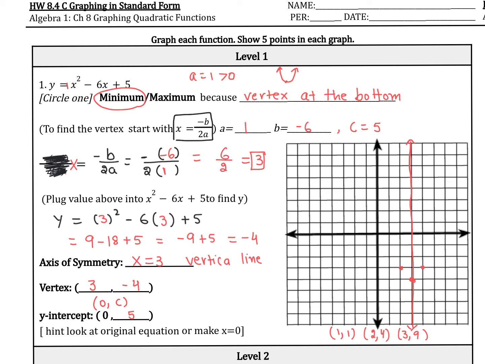This is your next point as well. You can also apply 1, 1, 2, 4, and so on to get the points to graph. So this is going to be your graph of the standard equation that is given to you.